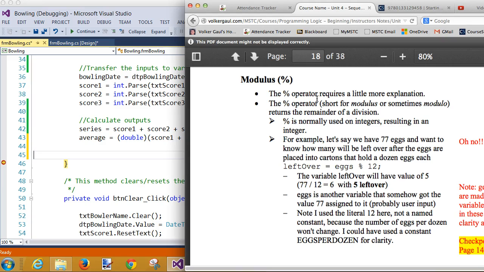It can be done on doubles, but that's really bizarre. Modulus is done on integers, so you don't get a double. You don't get a half. This goes in there 5 times with a remainder of not 10 divided by 20, but just 10. Very common mistake, because your brain's already working ahead. That's a half, cool, half, no, 10.